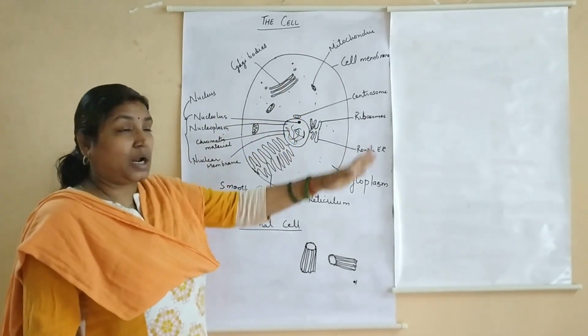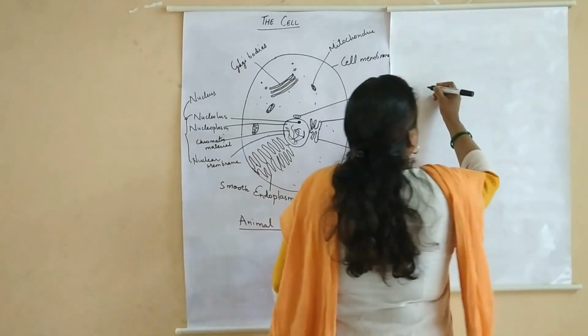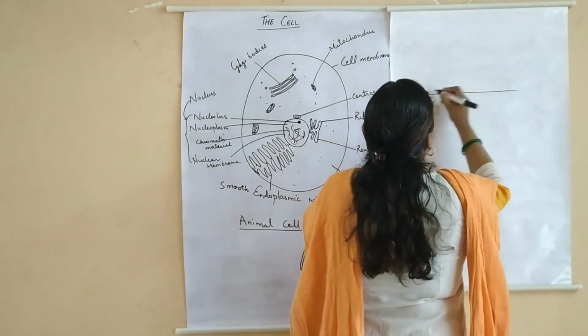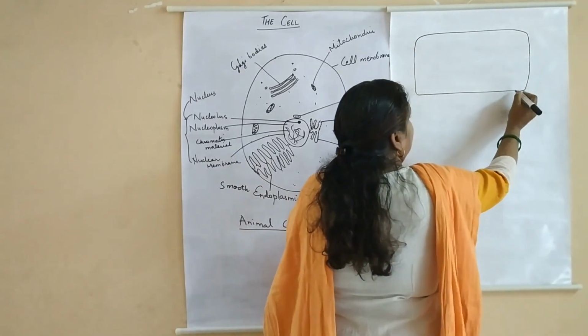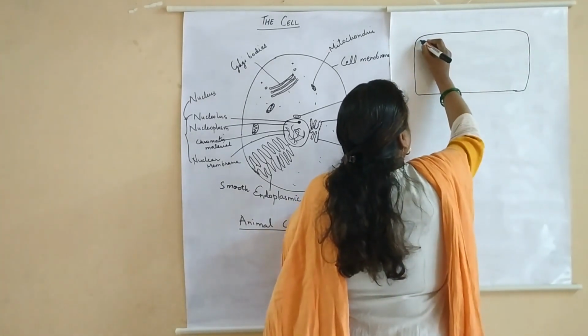Now when I come to plant cells, plant cells are larger than animal cells.